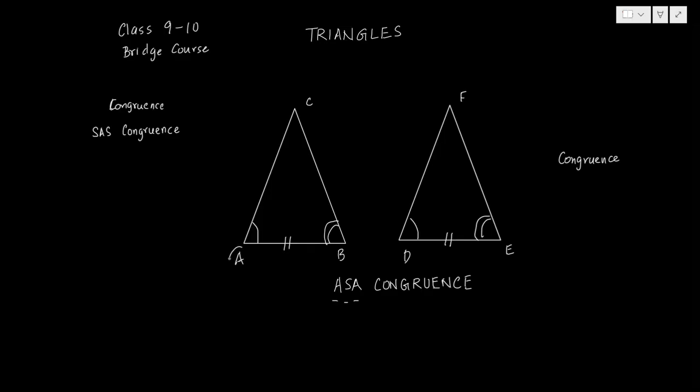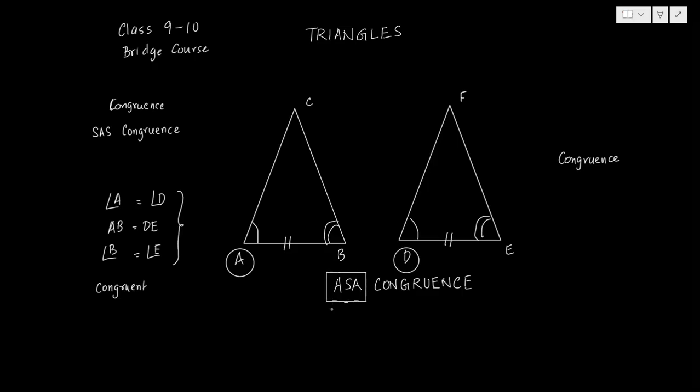For example, if you take angle A equals angle D, and side AB equals side DE, and angle B equals angle E, then if these conditions are met, we can say the triangles are congruent, and this congruence criterion is called ASA congruence.